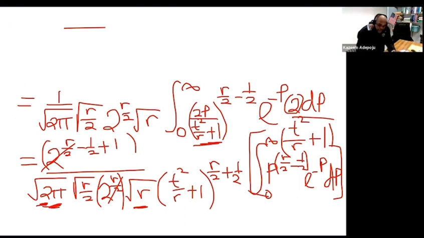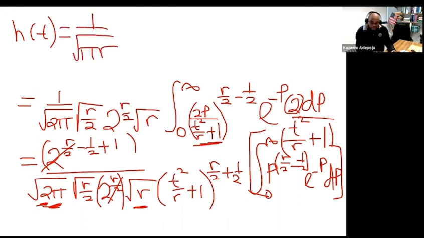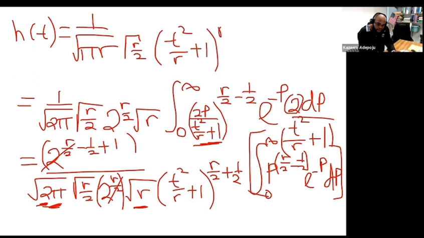Don't forget, I'm writing my h of t, which is going to be 1 over square root of pi r. I'm going to take that and have gamma of r over 2. Then I have t squared over r plus 1 raised to power r plus 1 over 2.